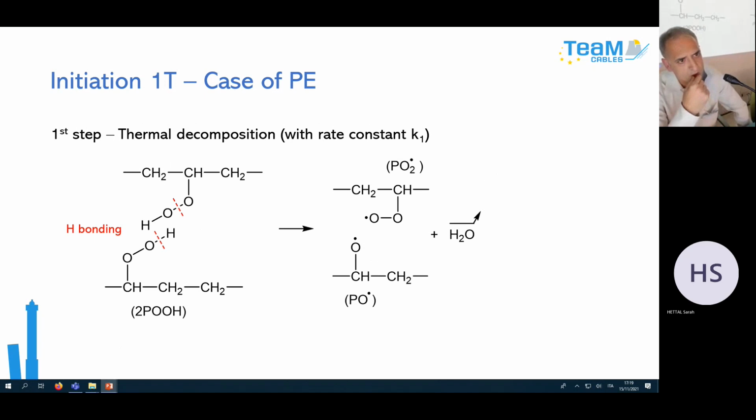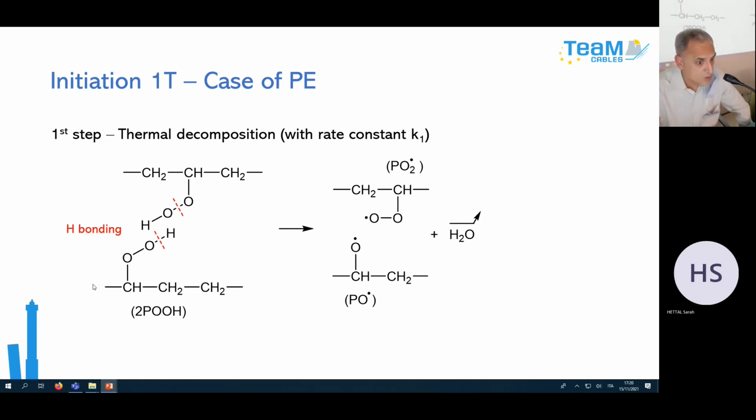Now, a look at the thermal initiation. In fact, hydroperoxide can decompose in two competitive ways. You can have a unimolecular and a bimolecular decomposition of hydroperoxide, but it was demonstrated in the literature that at a temperature typically below 200 degrees C, the bimolecular decomposition is largely predominant over the unimolecular decomposition.